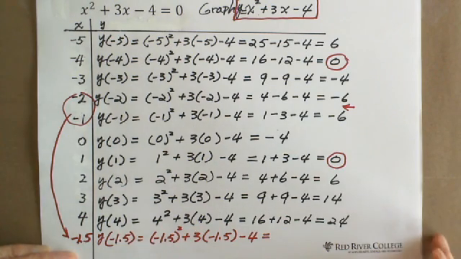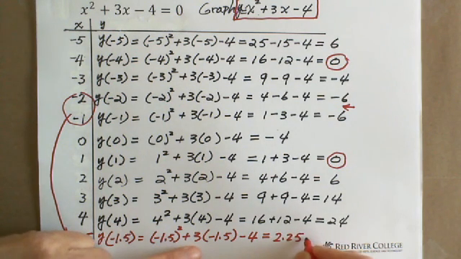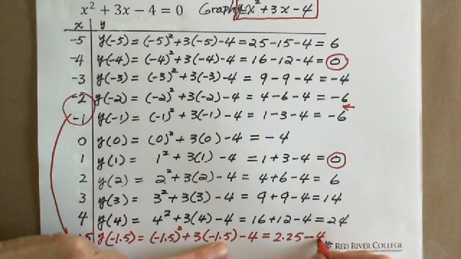Negative 1.5 squared is a positive 2.25, minus 3 times 1.5 is 4.5, minus 4.